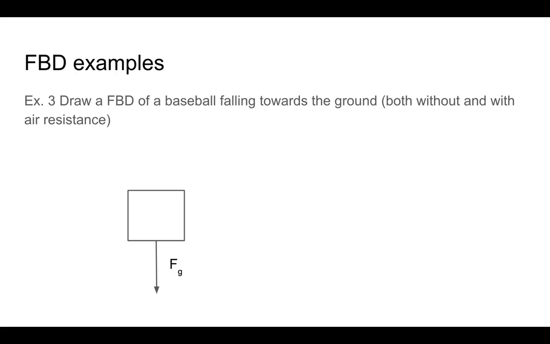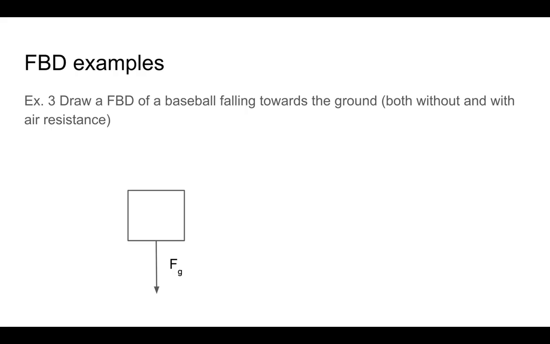Now, I'm doing this without air resistance, and a lot of the time I will tell you guys to ignore air resistance. We kind of in physics class like to say that this is a theoretical world without air resistance, without friction. So obviously in the real world, there is air resistance, there is friction and things like that. But sometimes we tell you to ignore it.